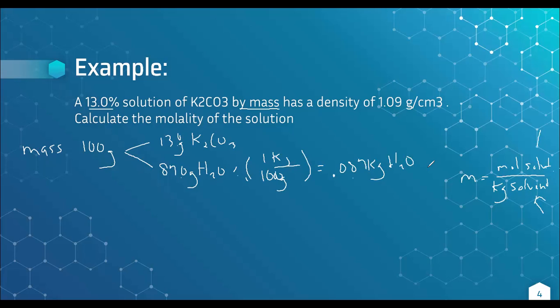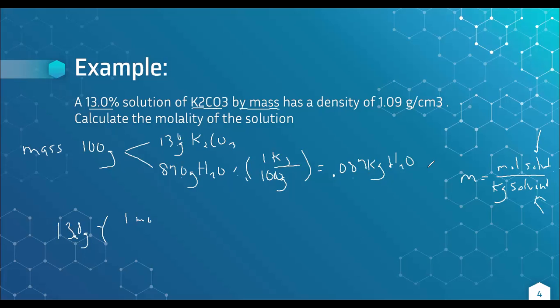So now we need our moles of solute, or that's our moles of potassium carbonate. Okay, so we know we have 13.0 grams. And we're going to multiply this by a conversion with the molecular weight, or the inverse of the molecular weight.